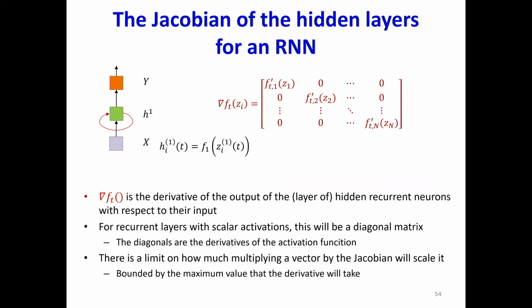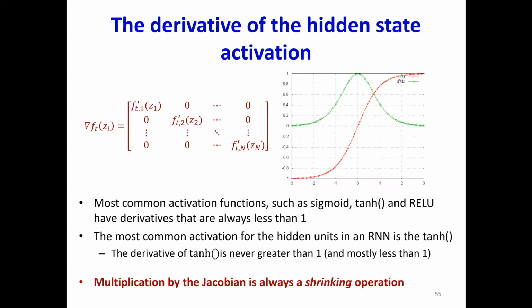Let's just say these Jacobians are diagonal matrices, correct? Now, if I take the derivative of a tanh, the most commonly used activation function, the green curve shows you the value of the derivative. In the best case, the derivative is 1. At other times, the derivative is always less than 1. The magnitude is less than 1, right?